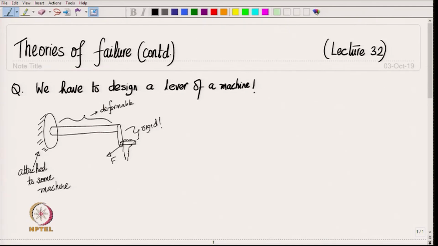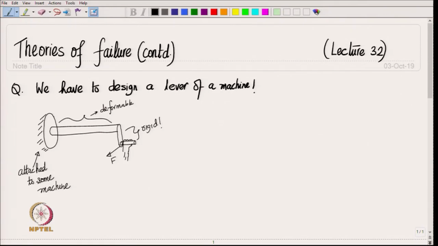So, suppose that this has to be used in applying some force F. So, in a machine there will be a maximum force, let us say 100 ton, 200 ton or 400 ton. So, we have to apply that particular force through this handle, and there could be a factor of safety also, let us say n is equal to 2.